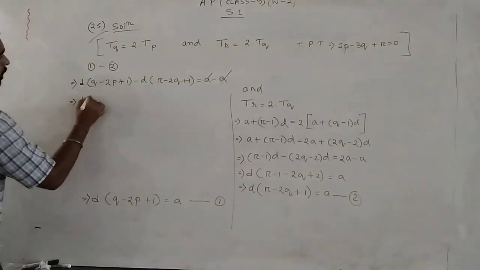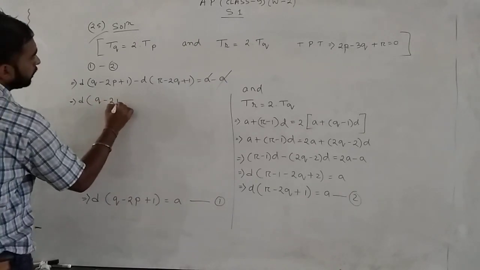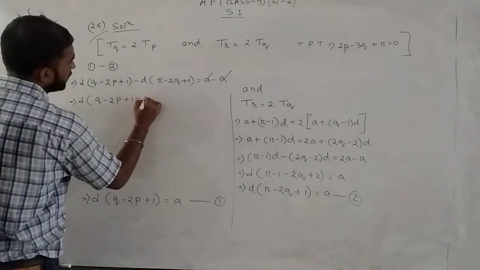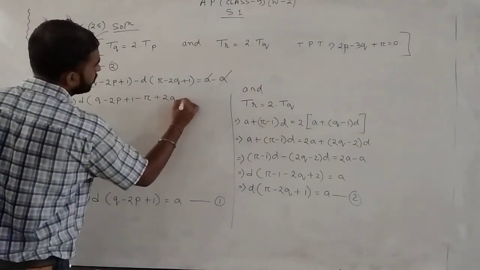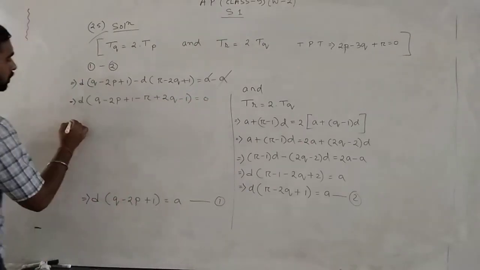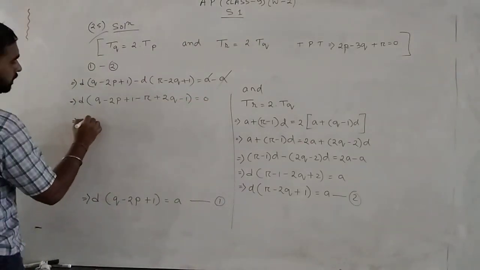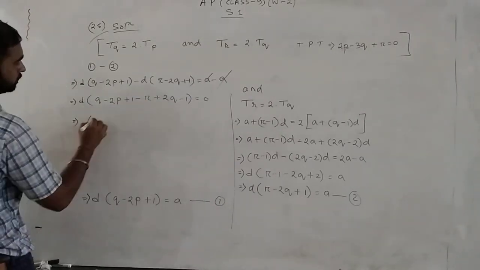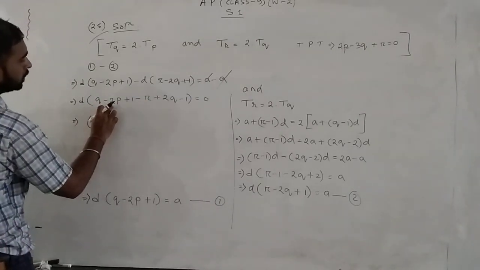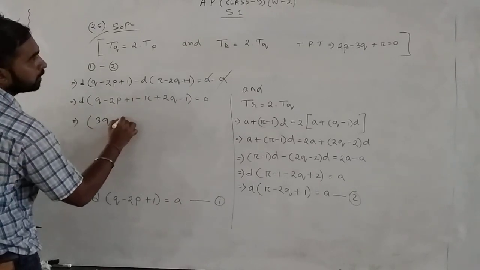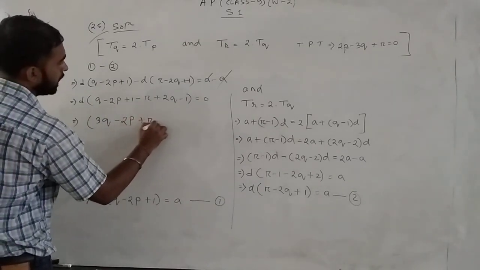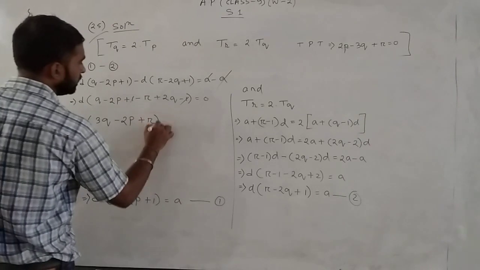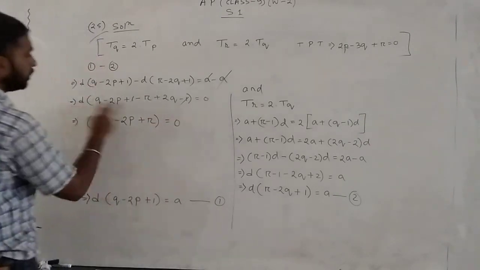So here D common: q minus 2p plus 1 minus r plus 2q minus 1 equal 0. Then q plus 2q is 3q, minus 2p minus r, plus 1 minus 1 cancel, equal 0 by D, simply 0.